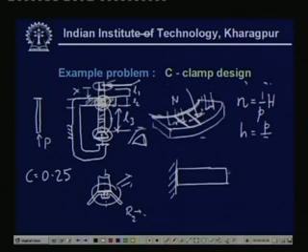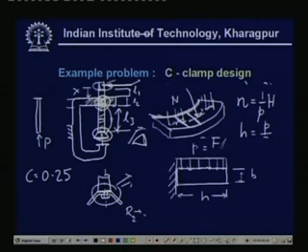So, therefore, this is a cantilever beam whose length is h and this length is b, and it is subjected to uniform pressure, again P, which is equal to F by N. So, for this kind of force we shall have both the shear stress and the bending stress.